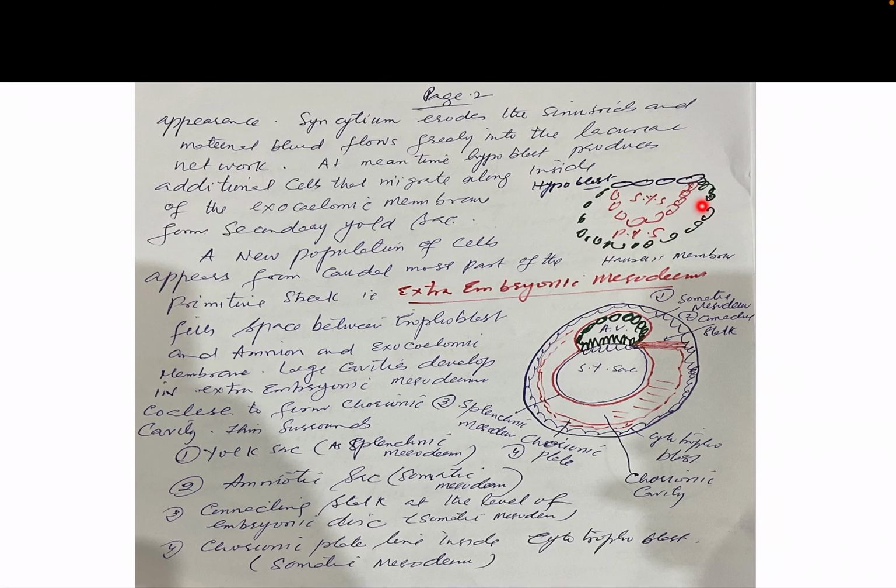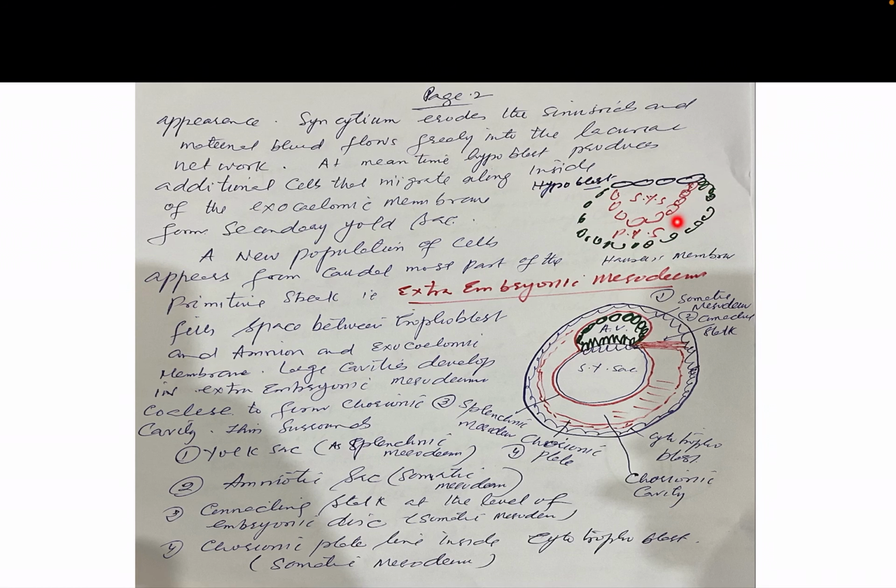These are the hypoblast cells, and from the margin of the hypoblast the cells grow downward like this. These cells grow along the chorionic plate, and the name given is Heuser's membrane.